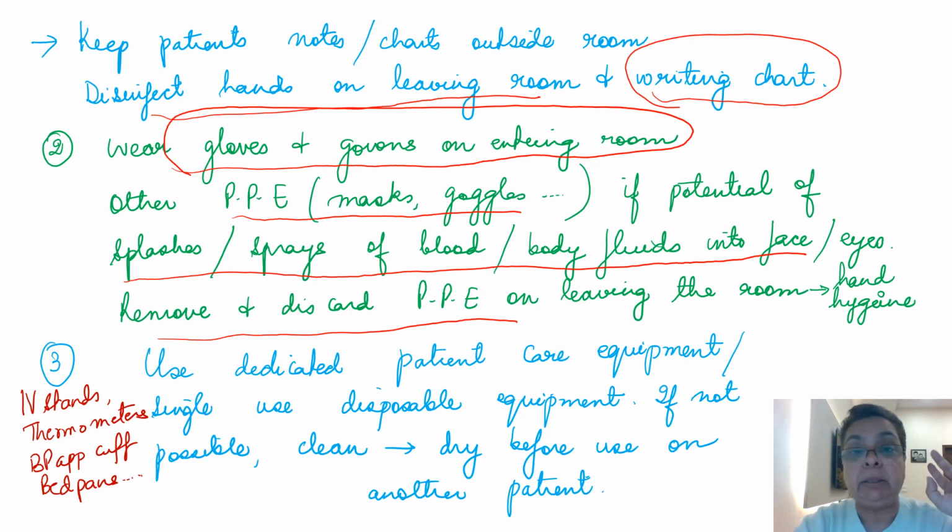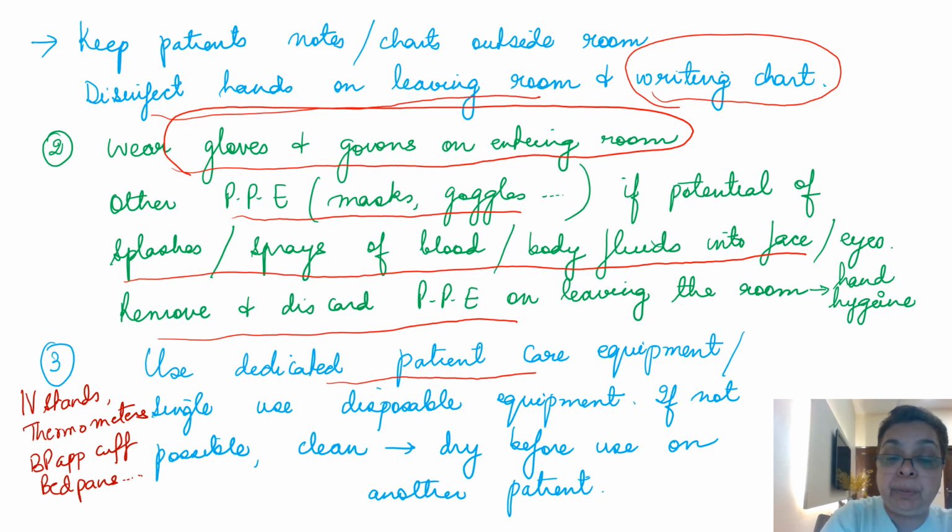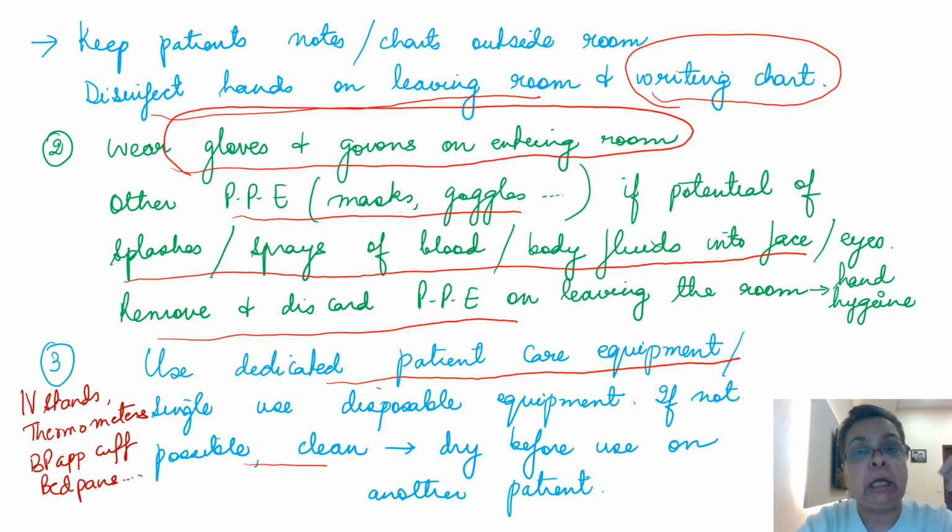Third, contact precaution. Use dedicated patient care equipment, or if possible, single-use disposable equipment has to be used on these patients. If this is not possible, you don't have single-use disposable equipment, clean those equipment adequately and dry them before use on another patient.